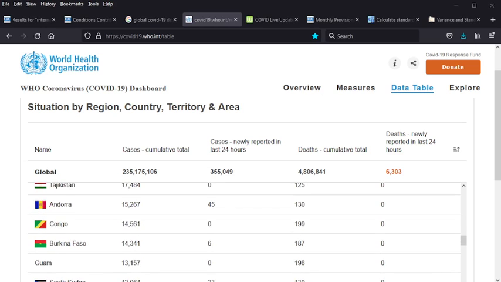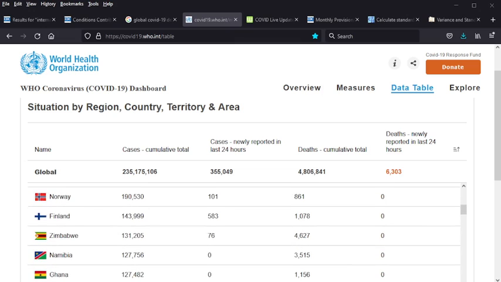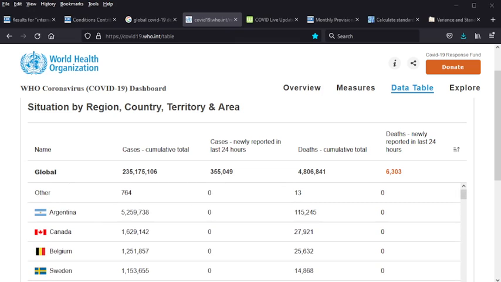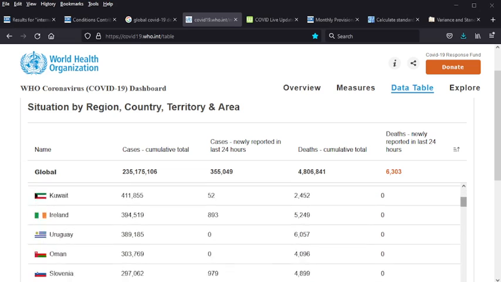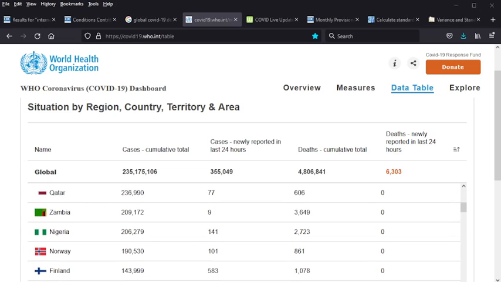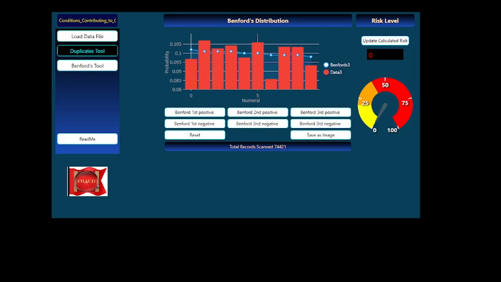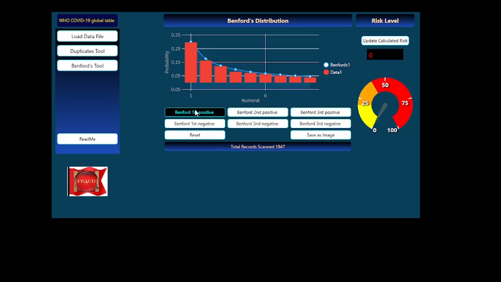So it's not isolated in any manner at all to any specific region in the world. So what I did was I outputted this table and ran it through the tool to see what it was going to produce as far as Benford's. So I'm going to load up the table real quick and run Benford's.